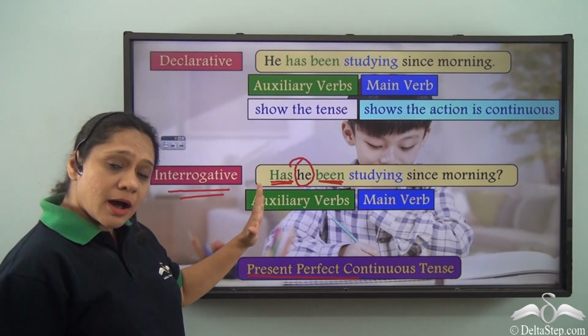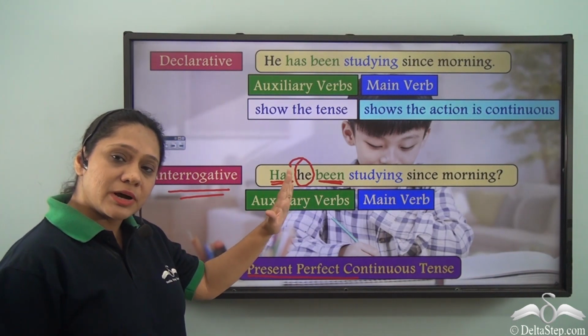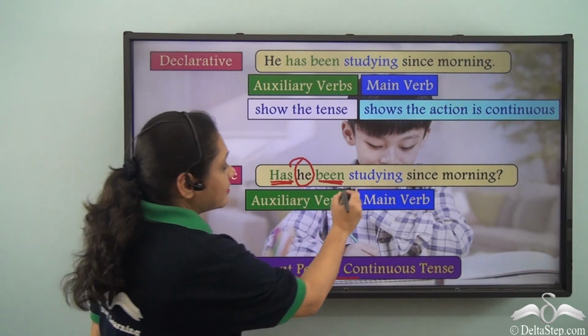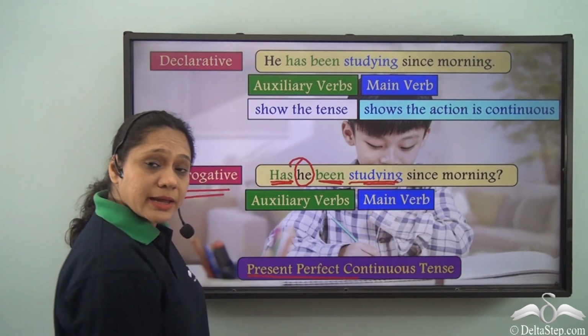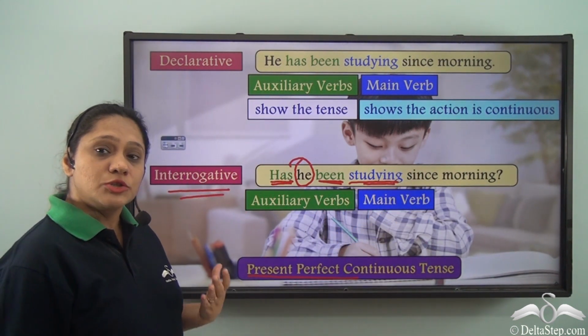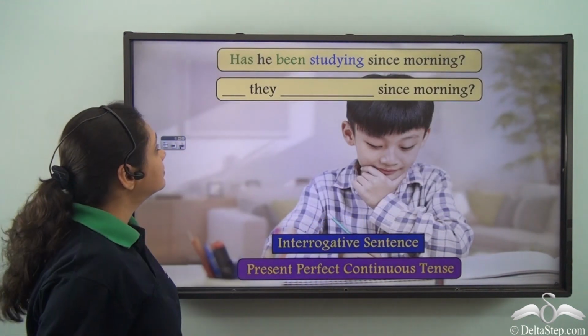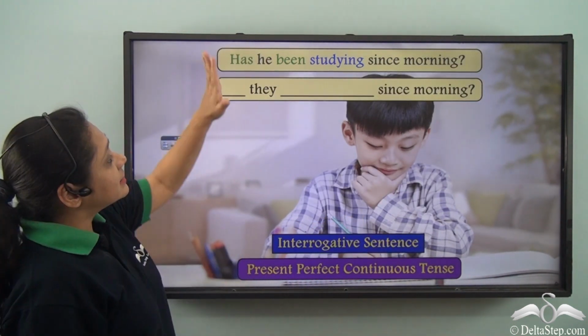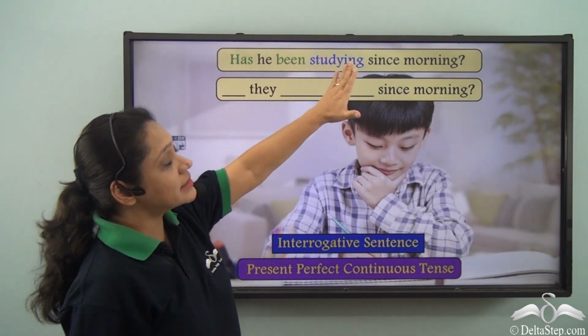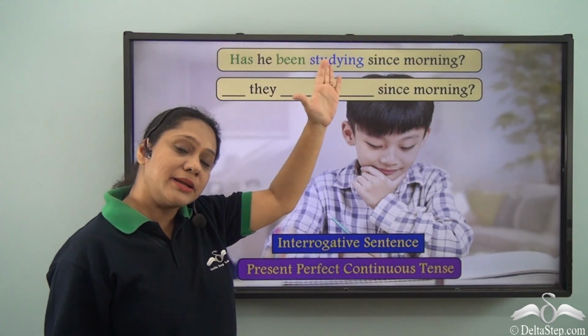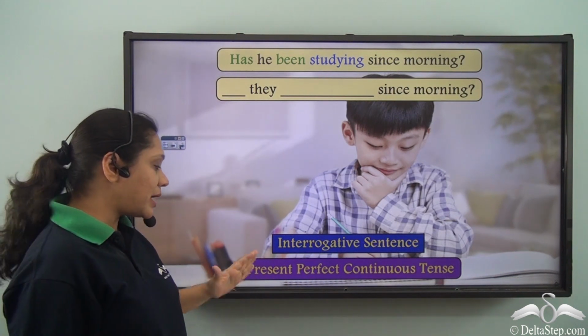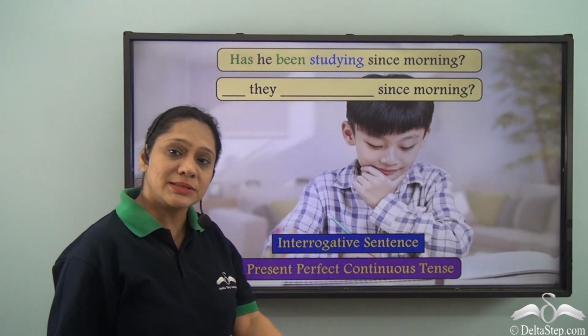And here also the two auxiliary verbs show the tense, and the main verb, which is the ing form of the base verb, shows that the action is continuous. So we have the sentence, has he been studying since morning? This is an interrogative sentence portraying the present perfect continuous tense.